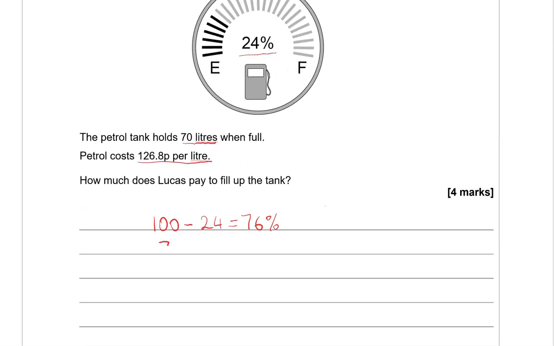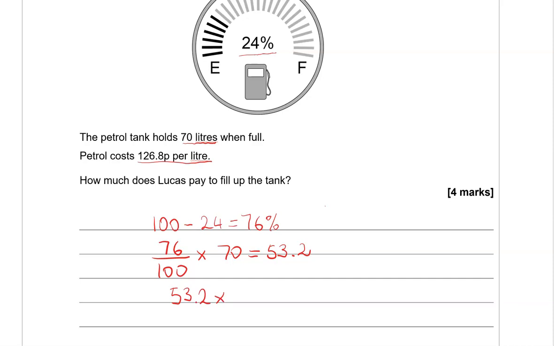So 76% is 76 out of 100 of the amount, which is 70 litres. So with a calculator, we'll do 76 divided by 100 times 70, which gives us 53.2 litres, that is.